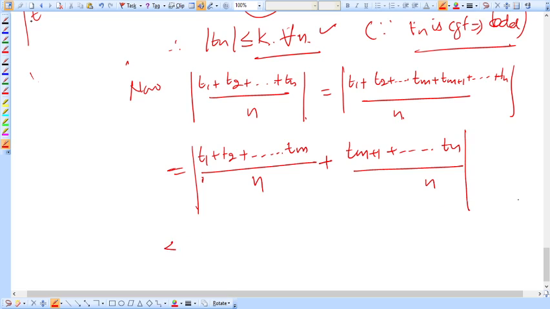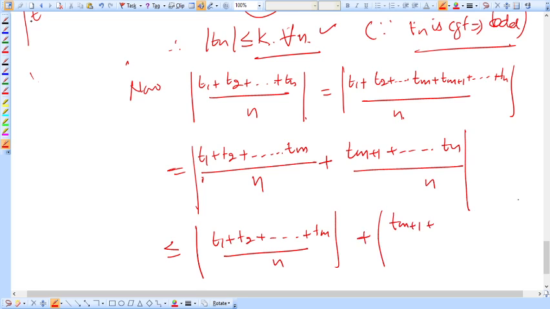Now I can use the modulus inequality: t1 plus t2 plus up to so on plus tm divided by n plus tm plus 1 up to so on tn divided by n.